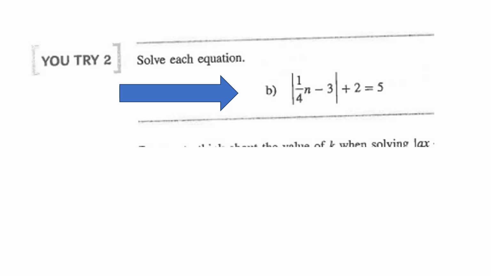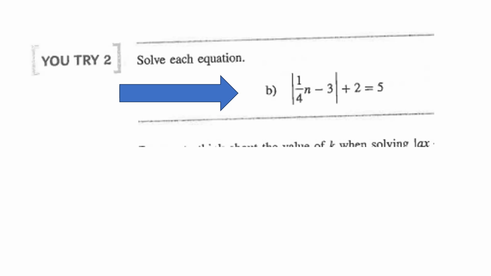Now, here is a problem for you to try. The problem I'm asking you to try here in this video is the absolute value of 1/4 n - 3, end of absolute value, + 2 = 5.